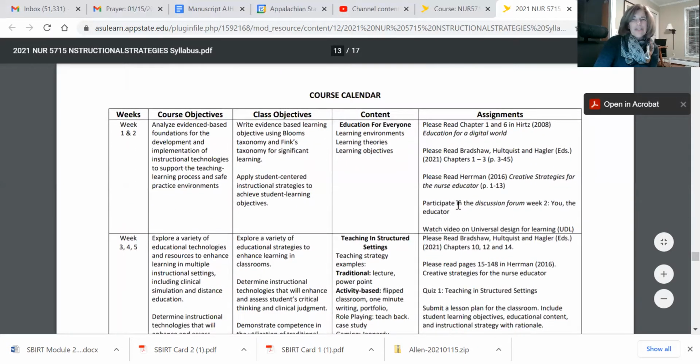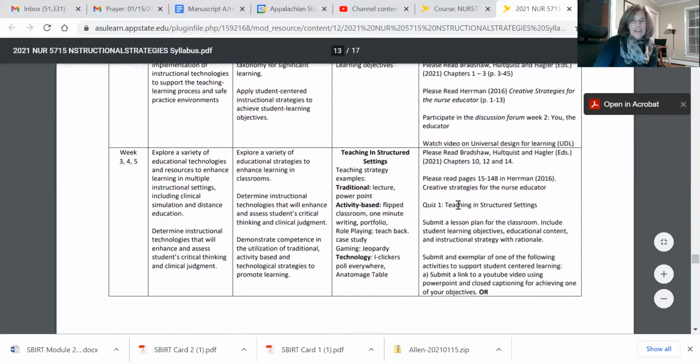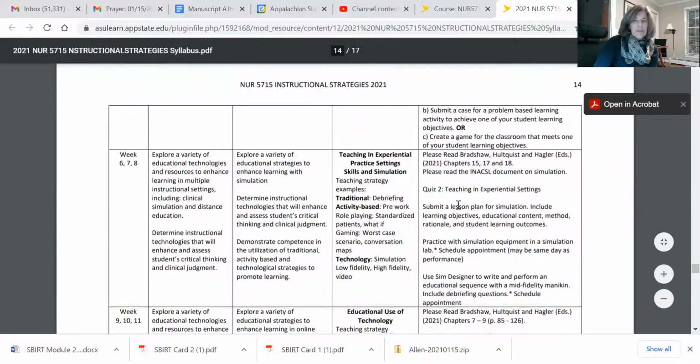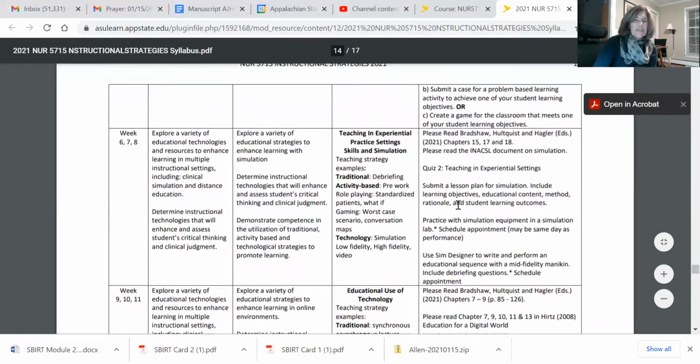The chunks for the way the course has been chunked, talking about education for everyone these first 2 weeks, and thinking about objectives, structured settings, and then experiential practice settings, which are skills and simulation. So this week 6, 7, and 8, by the end of that, you will be coming to campus. So I put in the course a place for you to begin thinking about what day you want to come up here.